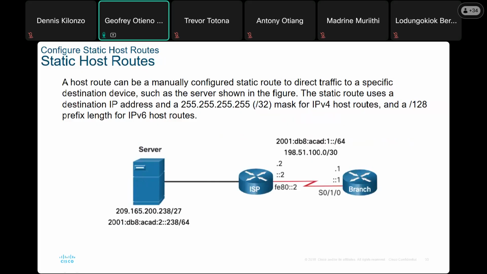So in that case, a host route can be manually configured, static route, to direct traffic to a specific destination device. Therefore, the destination IP address with a full mask, guys, will be required. For the case of IPv6, then the entire 128 bits will be used there.